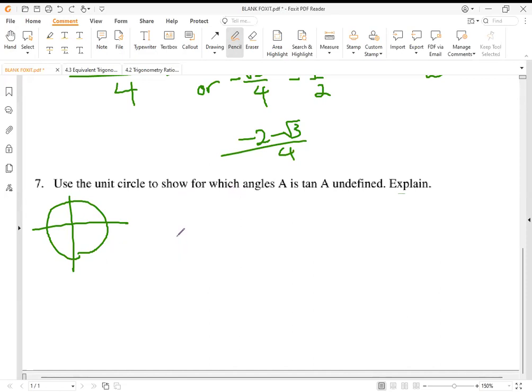A couple of things I can do. Judging from my triangle, I can also remember that the tangent of an angle is opposite over adjacent.